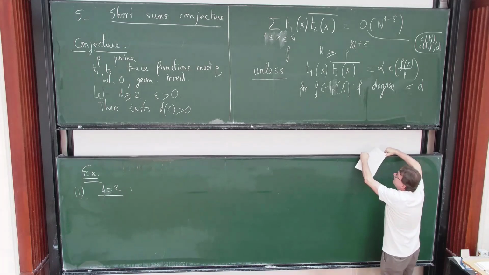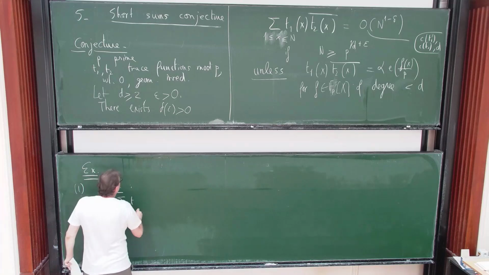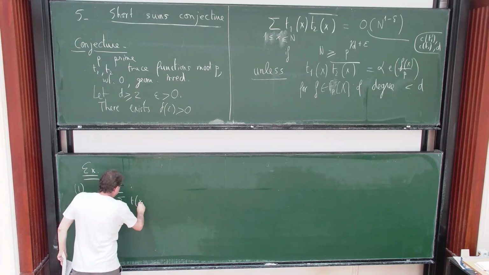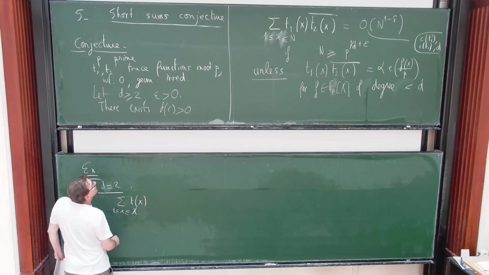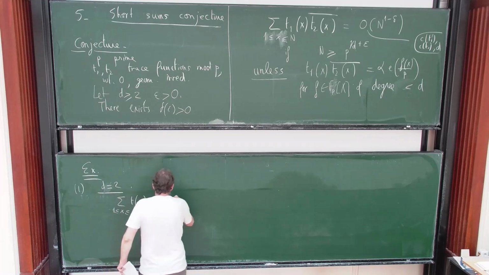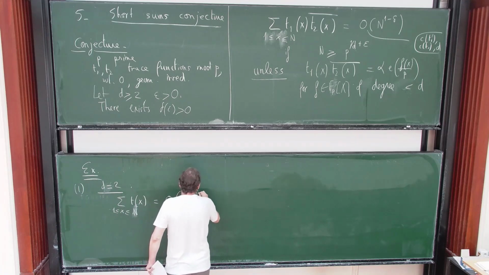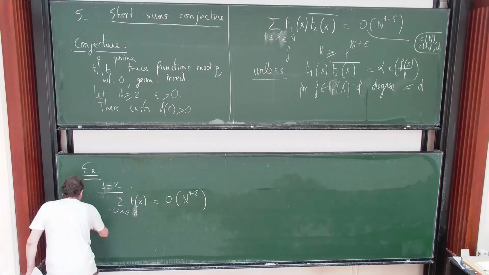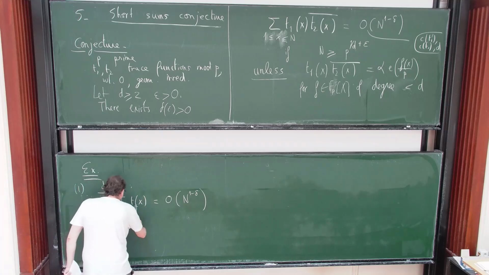So this is saying that if you sum a trace function, so I'm taking t2 equals 1, from 1 to x, you get some cancellation, unless t, being weight 0 irreducible, is an additive character.